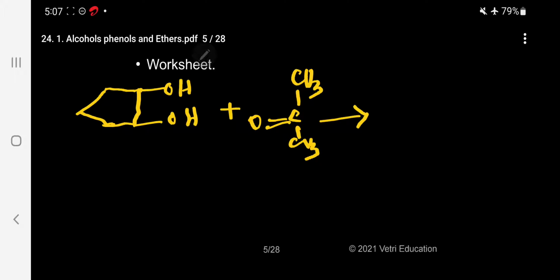So this is the structure of cis-cyclopentane 1,2 diol. Kindly follow me. So among the four reagents, it reacts with acetone. It undergoes condensation reaction to produce this, eliminating water.